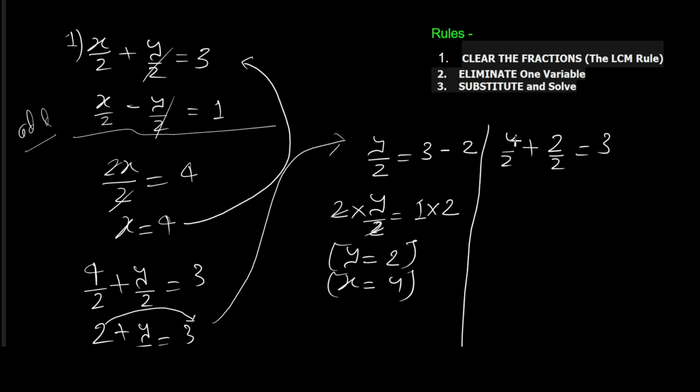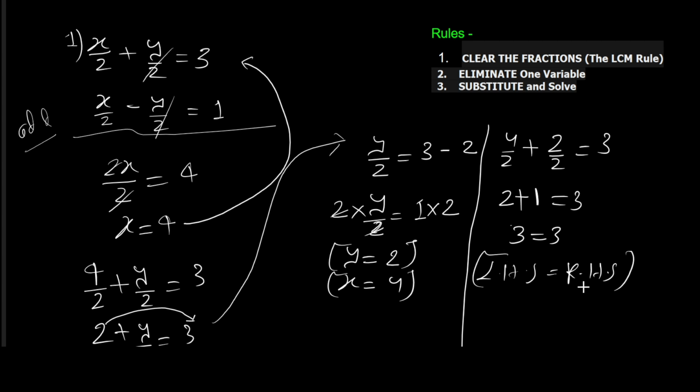So 4 over 2 gives us 2 and 2 over 2 gives us 1. So 2 plus 1 equals 3 and 3. Here the left hand side is equal to the right hand side. It shows that our solution is correct.